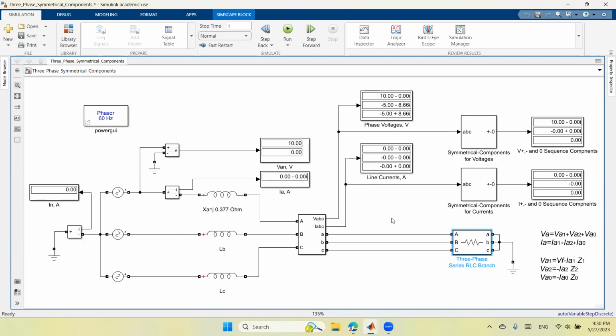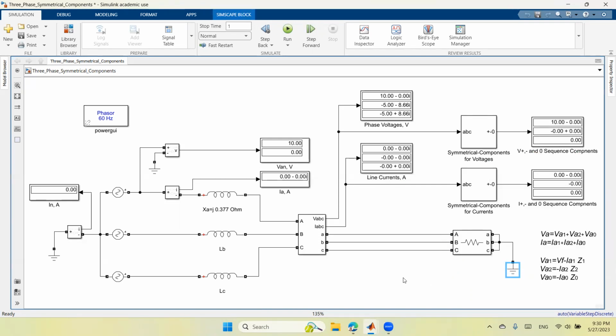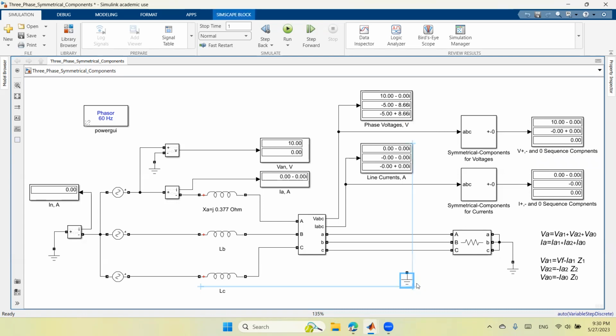Okay. What I want to do now is simulate a single line to ground fault. So I need to copy this ground and paste it here. This is the ground that I will be using to simulate the single line to ground fault. I will delete this line, then connect A to this ground, and then connect it back to the load.